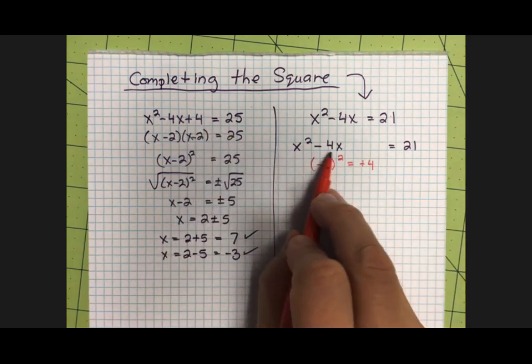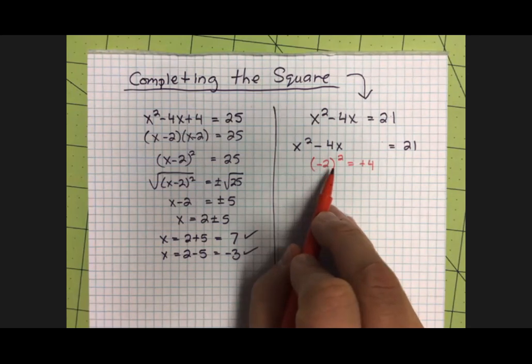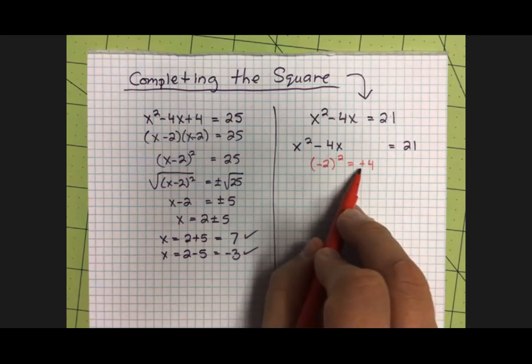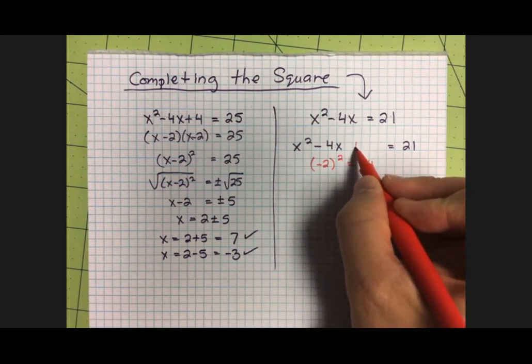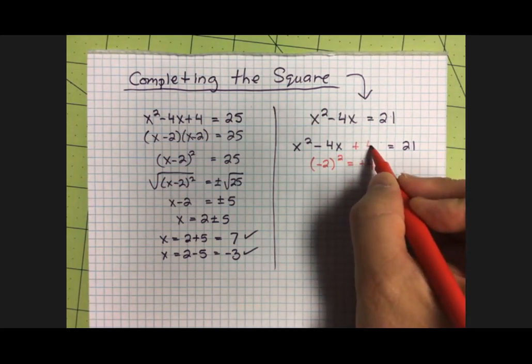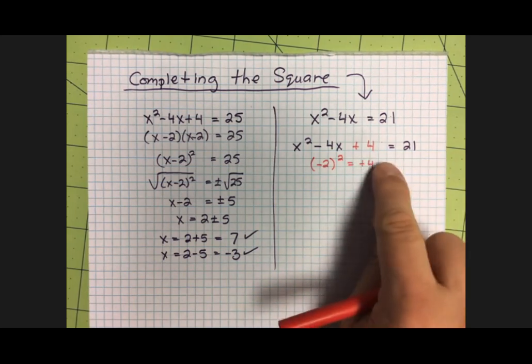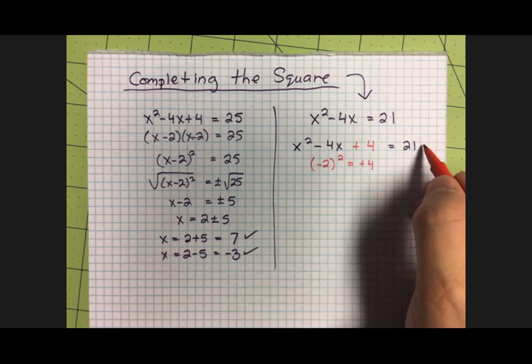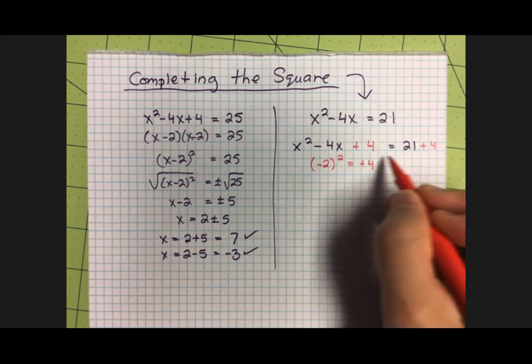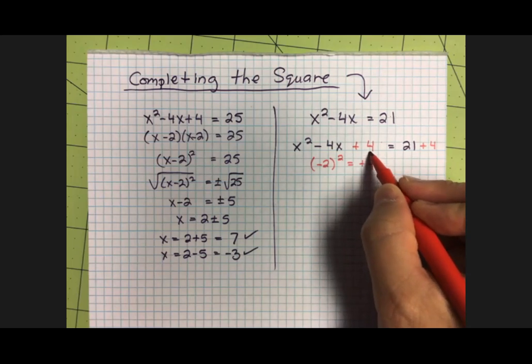You take half the number in front of the x, square, and insert that positive 4 on the left side. Add positive 4. Of course, that is not legal to just add 4 to the left-hand side. You've changed the problem. In order to not change the problem, you have to add 4 to the right-hand side as well.